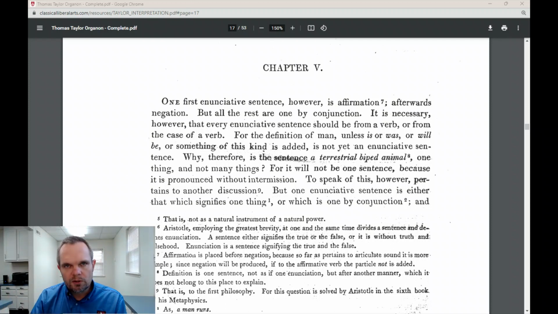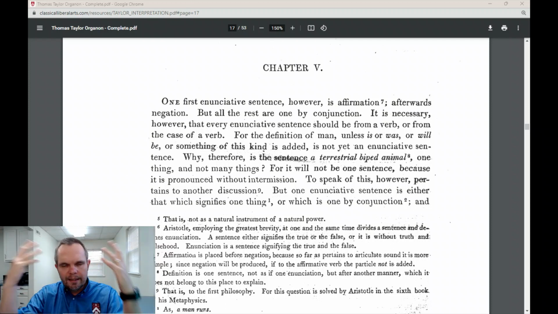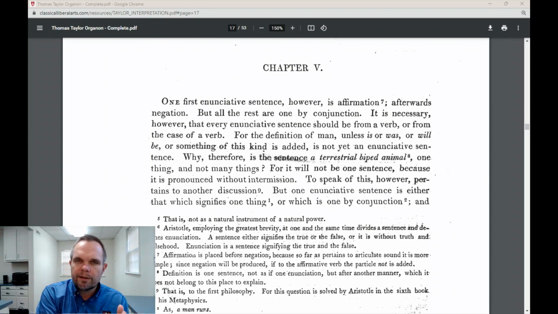He continues to explain this concept and go into more detail with this example. For the definition of man, that is, a terrestrial biped animal, that phrase, a terrestrial biped animal, that is the definition of man. And notice definition, when he uses the word definition, he's not talking about a complete sentence. He's simply talking about the idea that is signified by the word man.